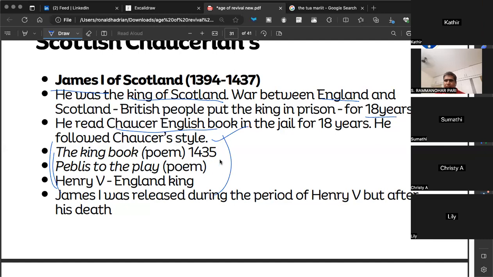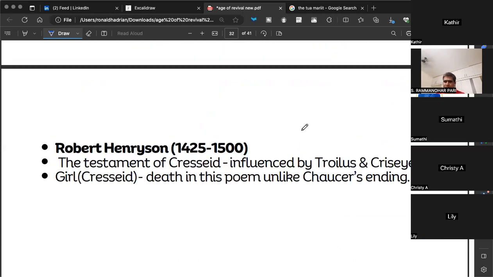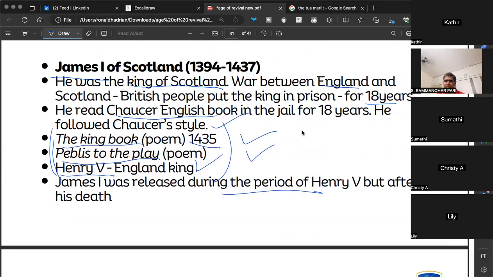So he wrote in 1435 The King's Quair, a poem, and The Fables. And Henry IV, the English king, was the one who rescued him. He was released during the period of Henry IV. So remember these two works. What are the two works? The King's Quair and the Fables. Who wrote this? The king himself wrote. Fine. So he was the king of Scotland.